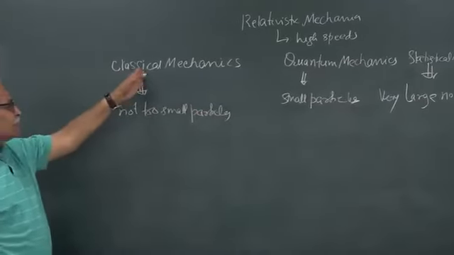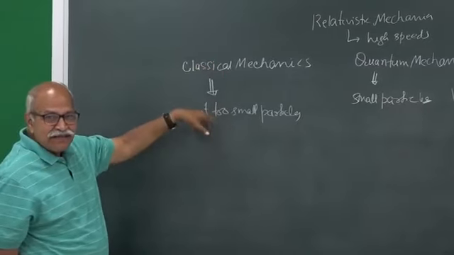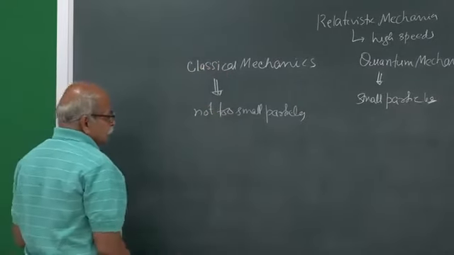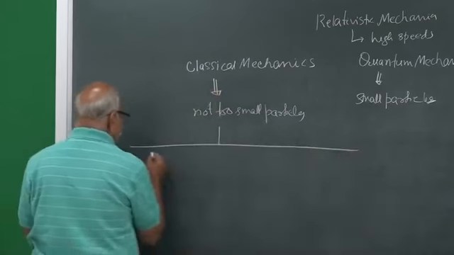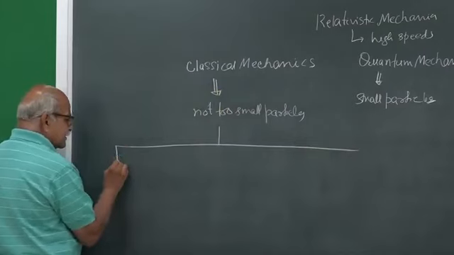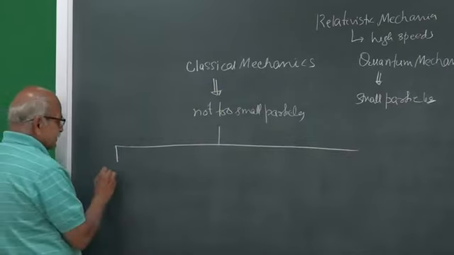Now, coming to classical mechanics, which talks of particles, systems of particles, rigid bodies, like that. Here also you have three formulations. One is classical mechanics formulated by Sir Isaac Newton.